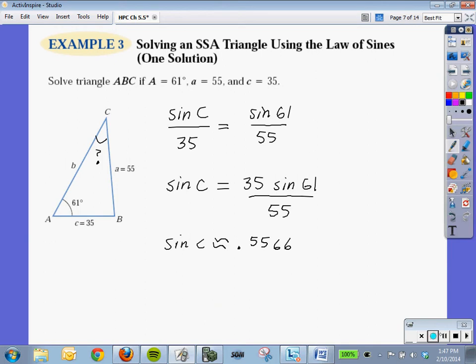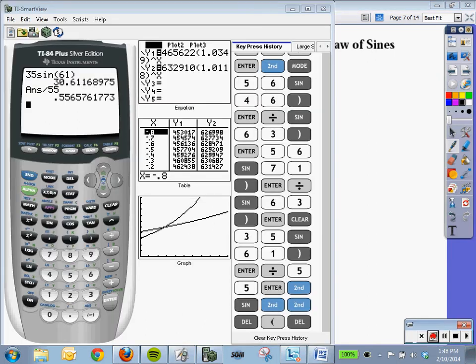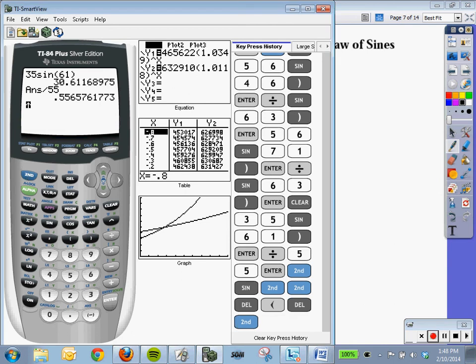So let's go ahead and do that. Okay, so what we want to do is use the inverse sine button. So we're going to hit second to start. And remember, that gives us the upward arrow letting us know that we've hit the second button. And then we're going to hit the sine button, which gives us the inverse sine. And remember, inverse trig says based on the ratio, what's the angle? So we're going to input the ratio of 0.5565 into this open parenthesis spot.